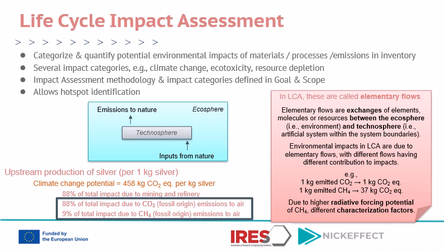So basically, specifically in the case of climate change, this is because of the radiative forcing potential. So how much a molecule or a compound or an element contributes to the specific impact category that we are examining. That determines the different characterization factors that elementary flows can have.